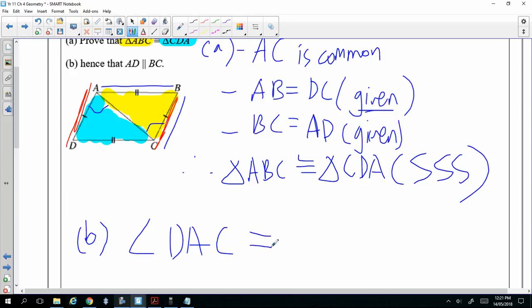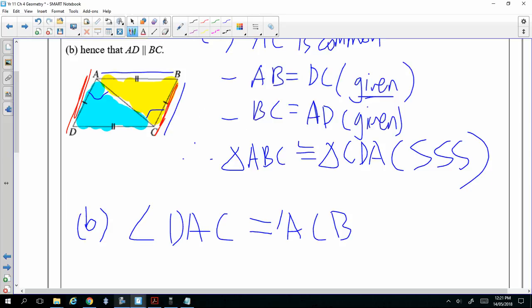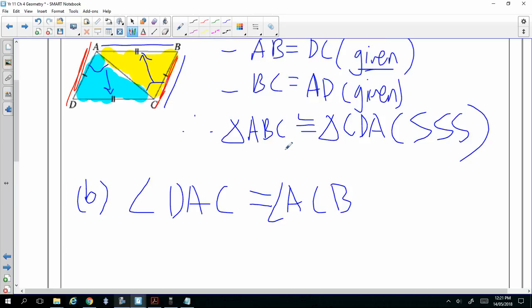You can't say alternate angles of parallel lines because they are not parallel yet. We are proving they are parallel. So why are they equal? Now have a look. They are opposite to the equal sides. So what makes these 2 angles? They must be matching angles in congruent triangles. That's the reason you give, like the one we did before. Matching angles in congruent triangles.